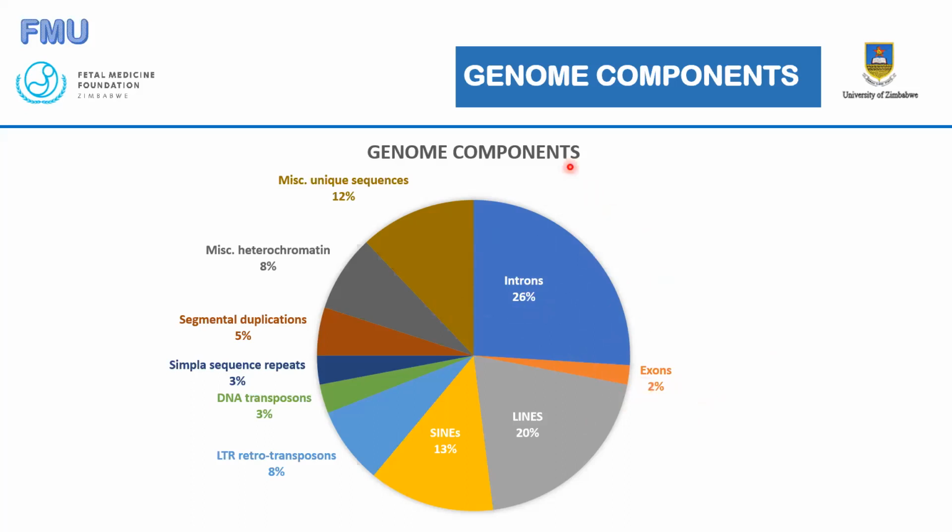The introns are normally the ones that go in between the exons, and we have all these other parts of the chromosomes which are not very clear in terms of their clinical utility in terms of prenatal diagnosis.